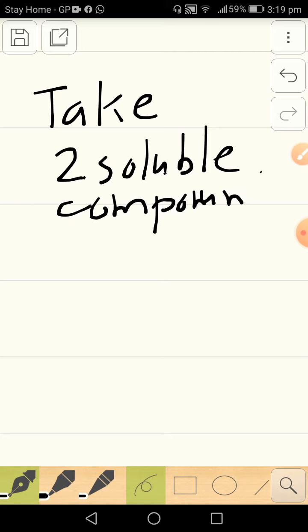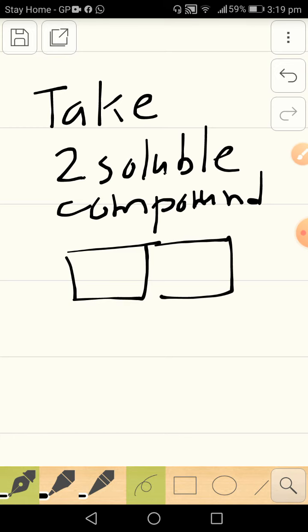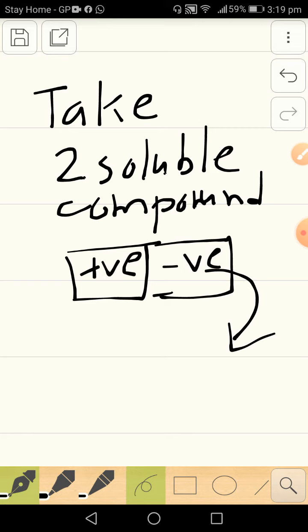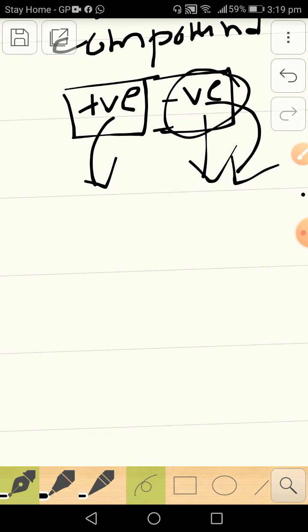Why two? You know that a chemical compound has two parts. One part is the negative part and another part is the positive part. So for the negative part we have to take one soluble compound, and for the positive part we have to take another soluble compound.